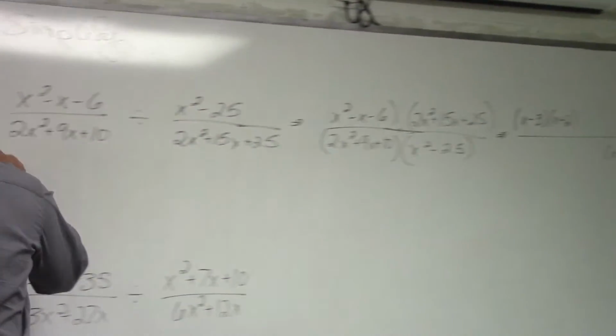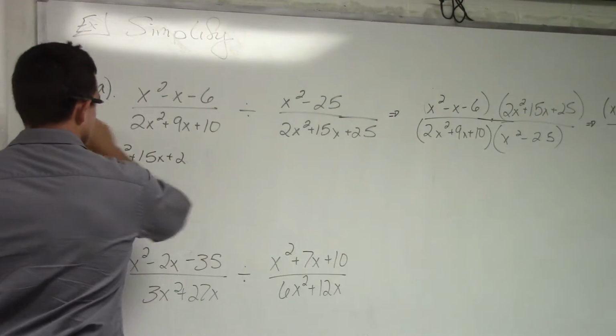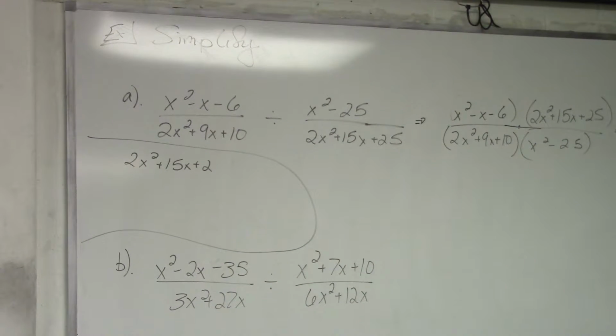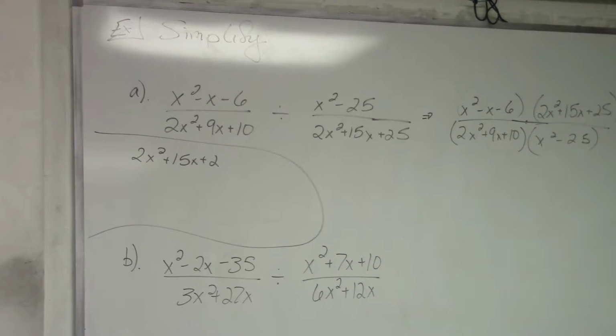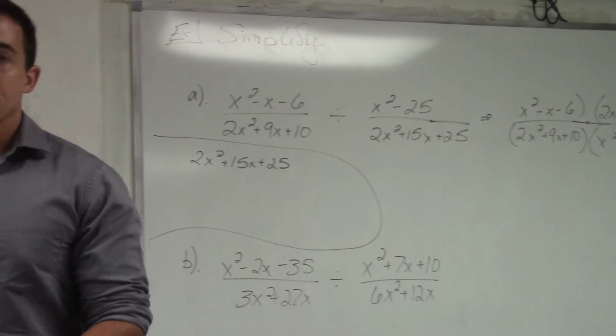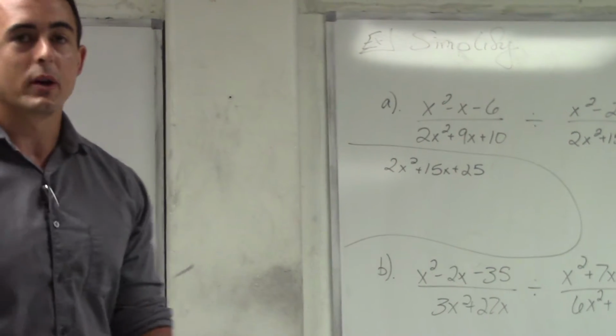So looking at 2x squared plus 15x plus 25. We're pretending that this here is kind of the side of my paper. We would like for there to be a GCF that we could take out that would make it a basic trinomial. There's not. There's no way that we're going to get around this.